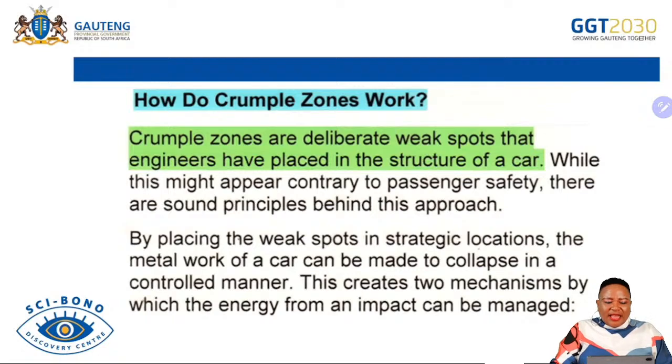This is how the crumple zone works, and it was one of the initiatives discovered by engineers. But remember, the engineers used physics principles to come up with all those safety features. So the relationship between impulse and momentum is why it is important for us to understand this.